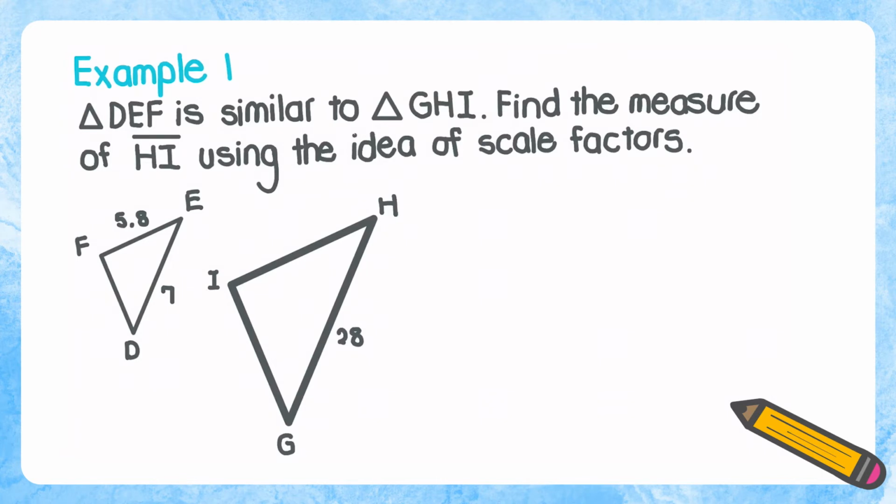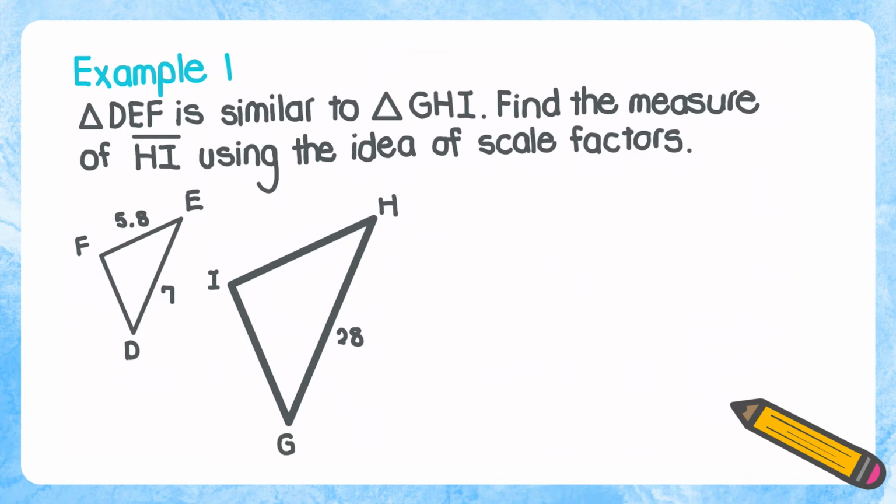Here's our first example. Please make sure to draw out both triangles in your notes. Here, triangle DEF is similar to triangle GHI. We are asked to find the measure of side HI using the idea of scale factors. So here, I know that these two triangles are similar to each other.